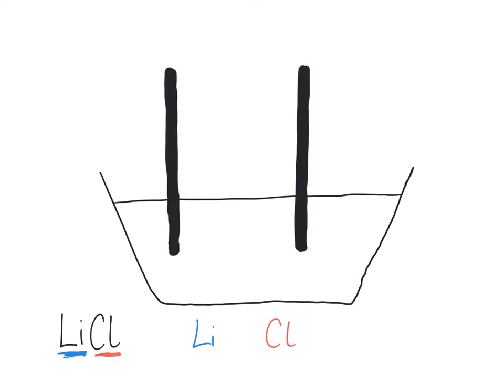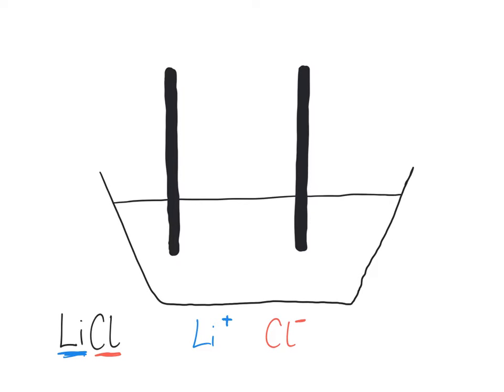Lithium is in group 1, and group 1 all form charges of 1+, so we use the formula Li+ for the lithium ion. Chlorine is in group 7, which all form an ion with a charge of 1-, so it is a Cl- ion.